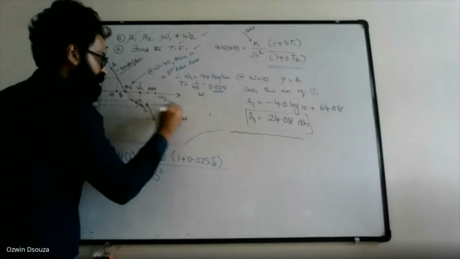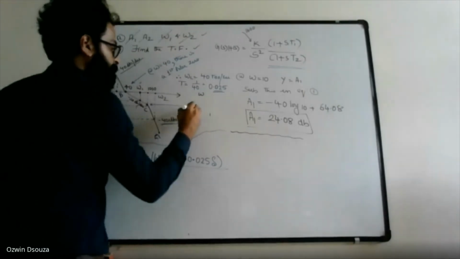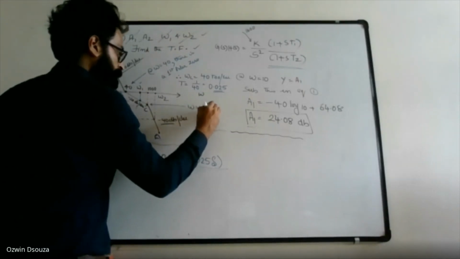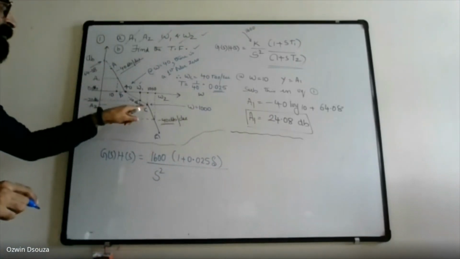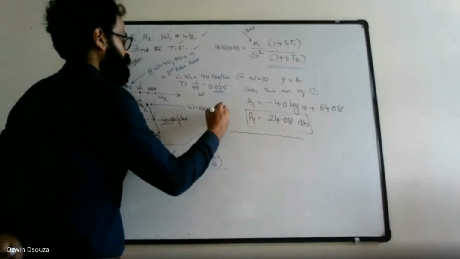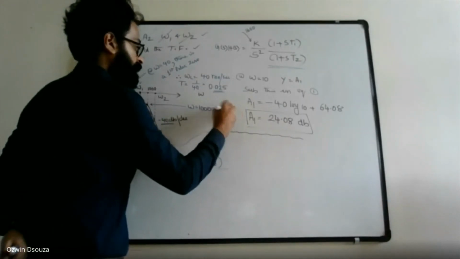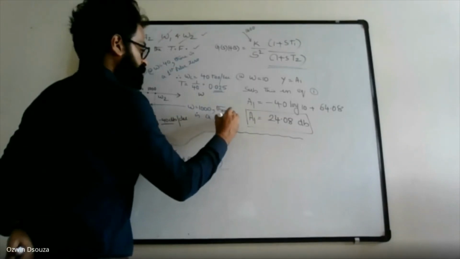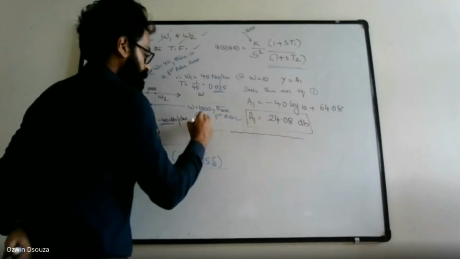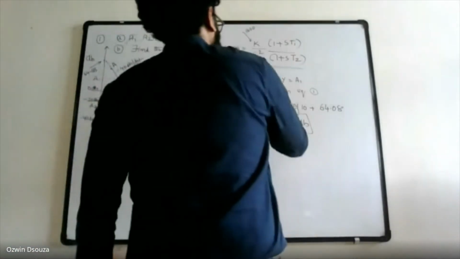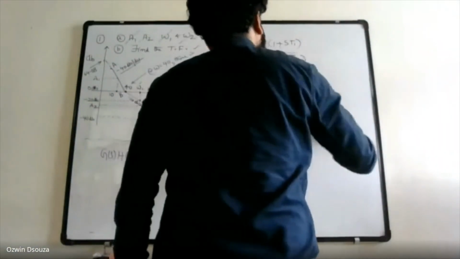So at C, or at omega equal to 1000, because point C corresponds to omega equal to 1000, there is a first order pole. That's all.